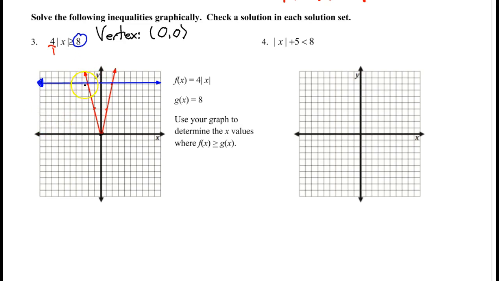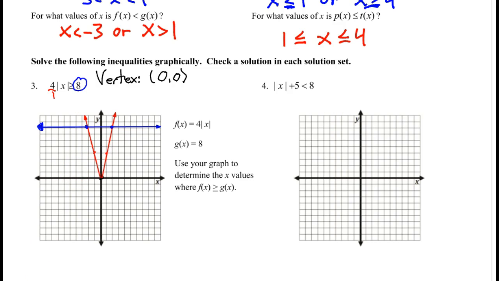Okay, so we can see the two x values right here. So where are our two solutions? We got one here at, looks like -2, and the other down here is at +2. Right?